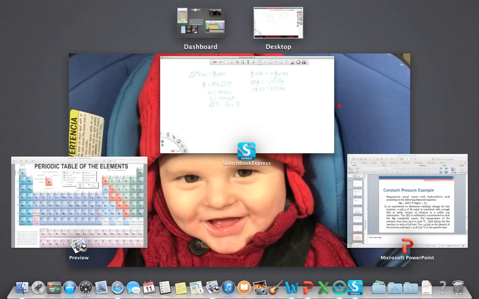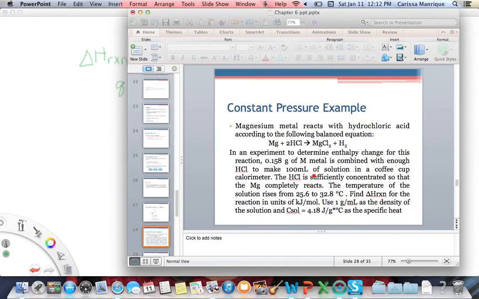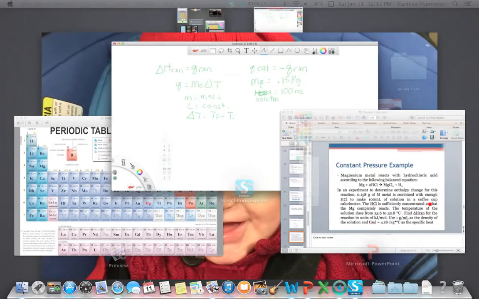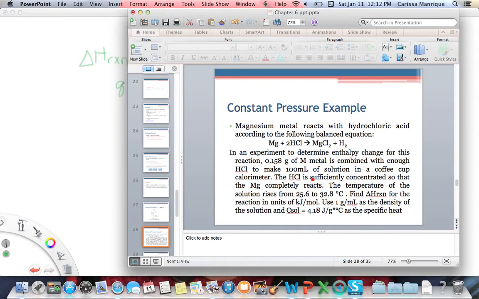So that's how much reactants we have in there. Sorry, that's not hydrochloric acid. This is of the solution. Okay, the HCl, the hydrochloric acid, is sufficiently concentrated so the magnesium completely reacts.